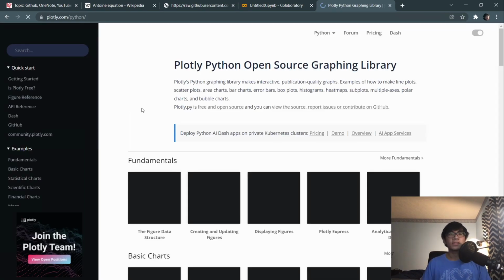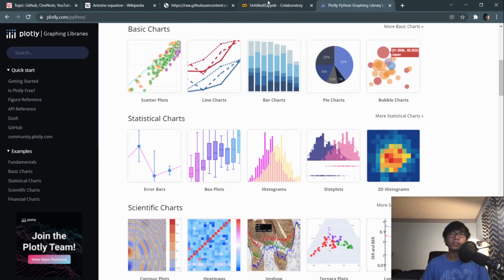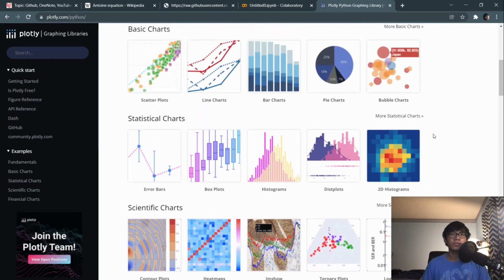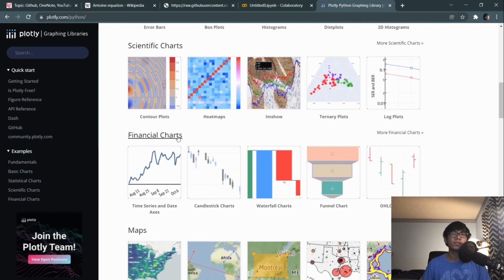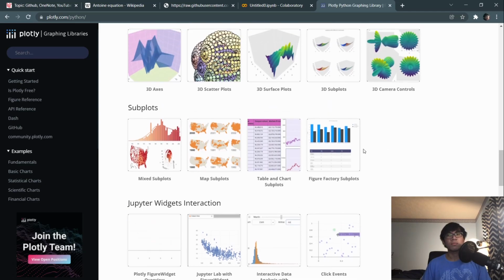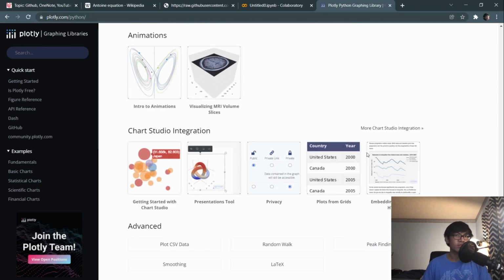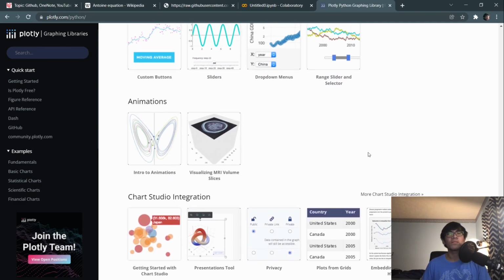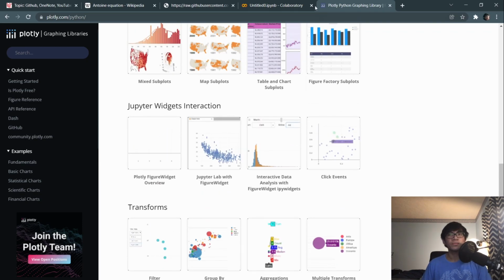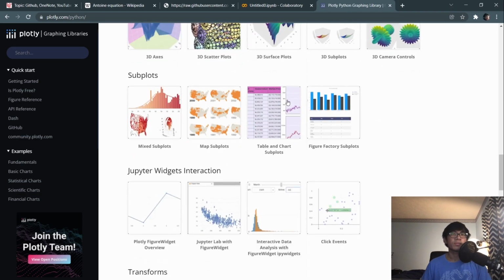Plotting library for Python, and it's widely used, just like NumPy. There's actually a lot of professional stuff that goes on here. You'll see statistics, scientific charts, financial charts, and what we're interested in is subplots. And there's just so much you can do with Plotly. But in our case, since we just want to graph our data points, we're going to use something called subplots.